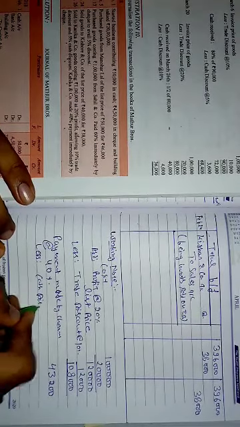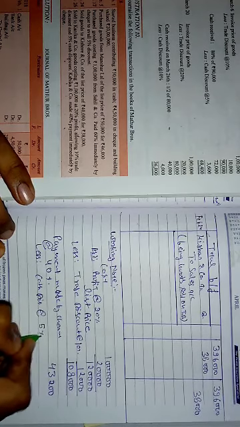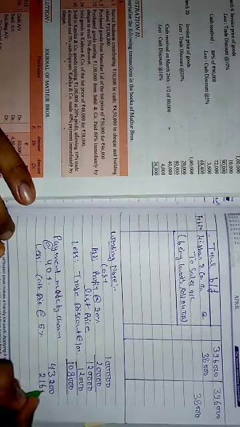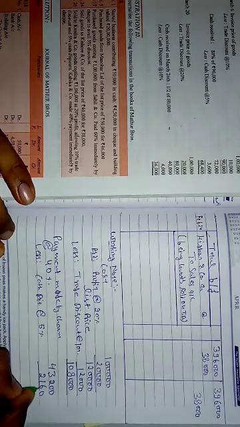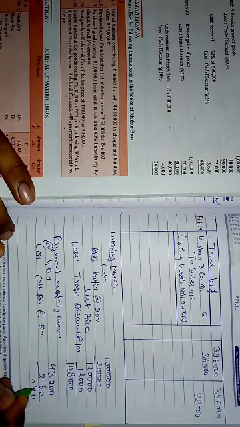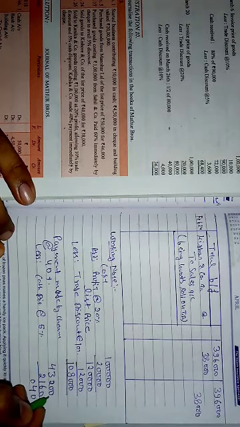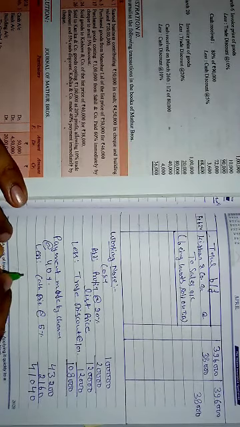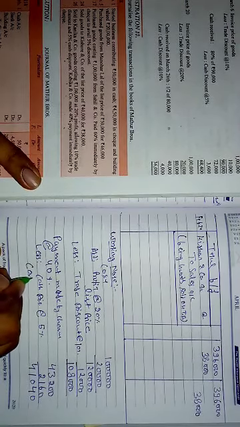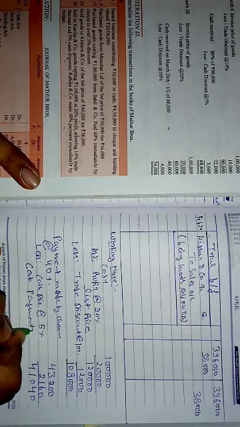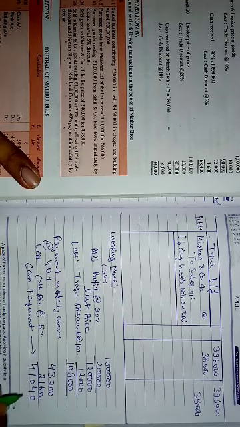Cash discount at 5%, 2,160. This is the cash payment, which is 41,040.